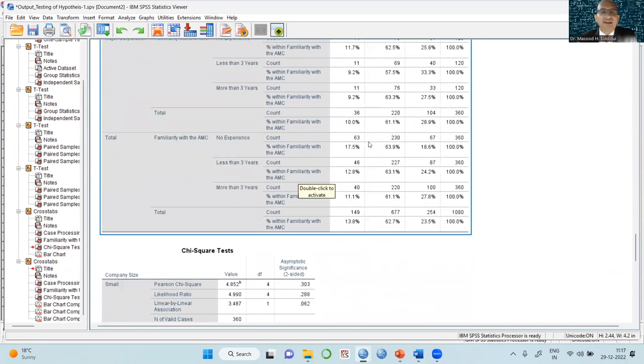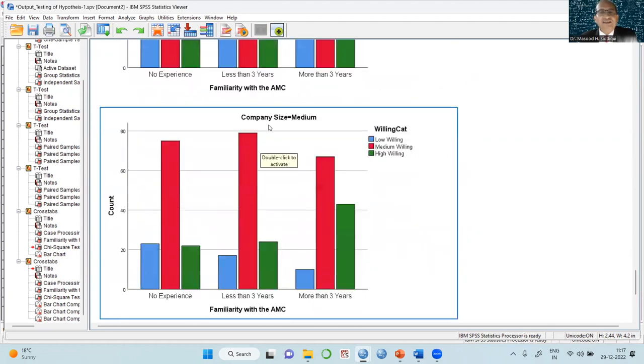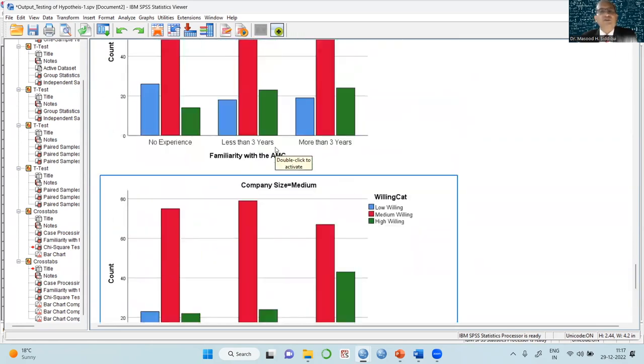And this is for the total that we have done earlier also. In the same way, we have this clustered bar chart for one subsegment, the small company size executives. This is for the medium company size, and this is for the major corporations.